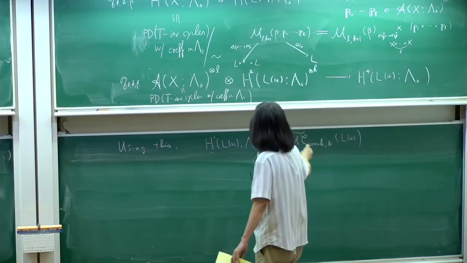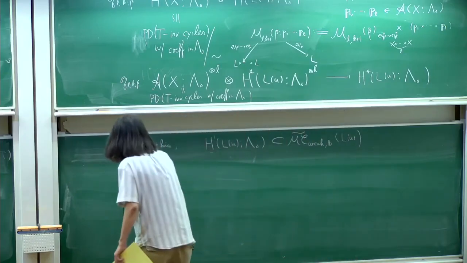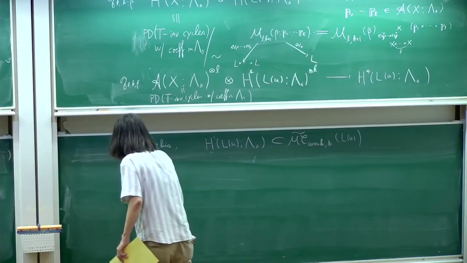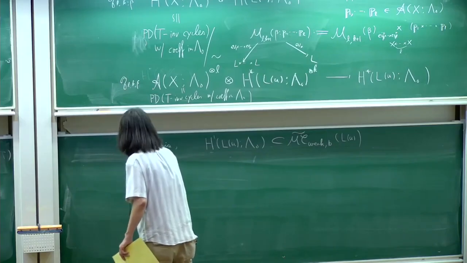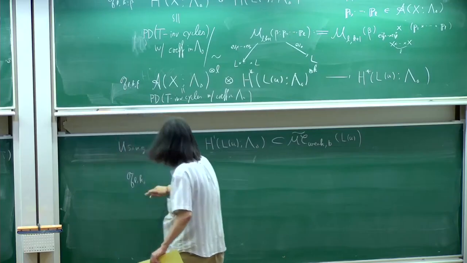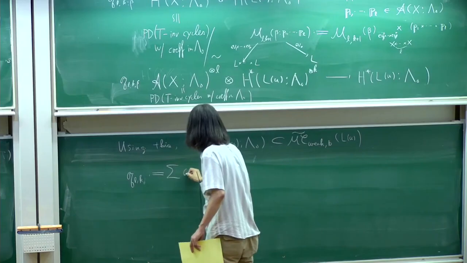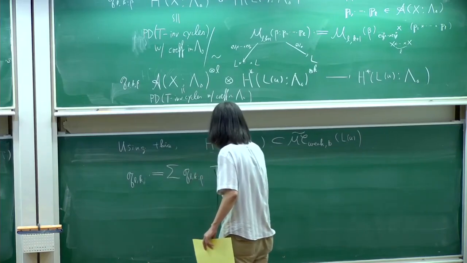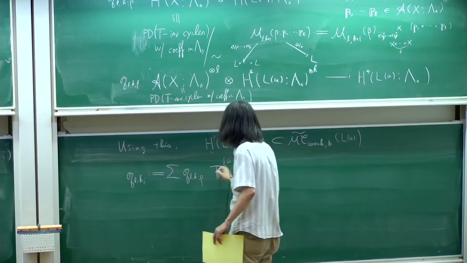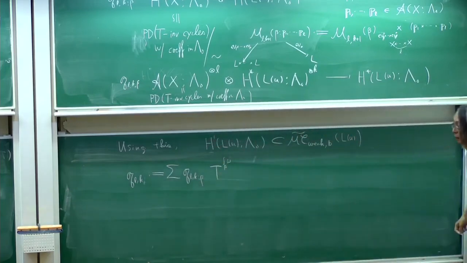Sorry, I haven't really defined these things yet. So I have this Q_{l,k,beta}, but then I define this Q_{l,k} as a sum of Q_{l,k,beta} and then T to the integration of omega over beta. Right? So this is Q_{l,k}.